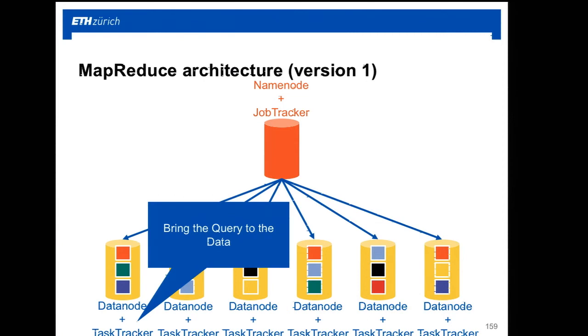The brilliant idea about MapReduce is that we arrange things in such a way that we bring the query to the data, meaning that the document shards, the documents themselves, are already stored on the nodes, nicely arranged in blocks. The mapping, the production of the postings out of the documents, is done on the same machine on which the documents are stored.